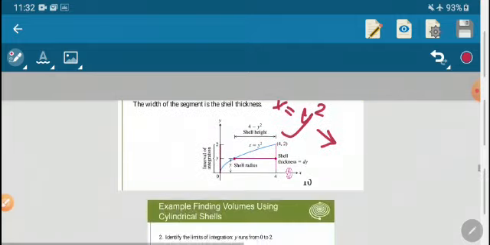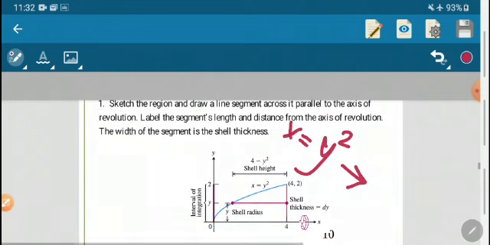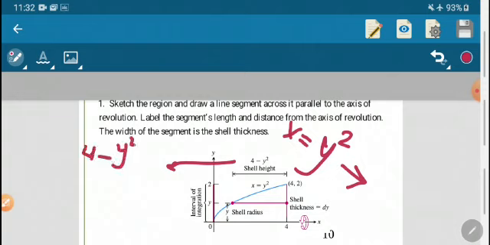It becomes 4 minus y squared. So it's x equals y squared, and with the line at 4, it becomes 4 minus y squared. This part is called the shell height. And we have a shell radius here, which is y.